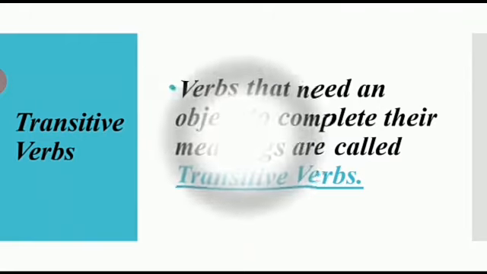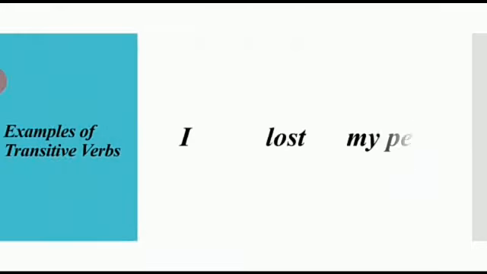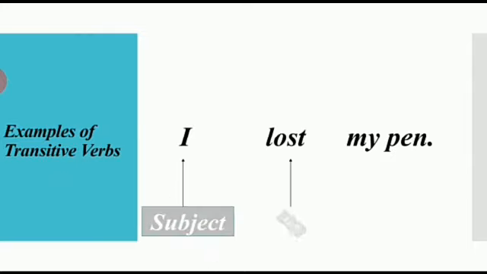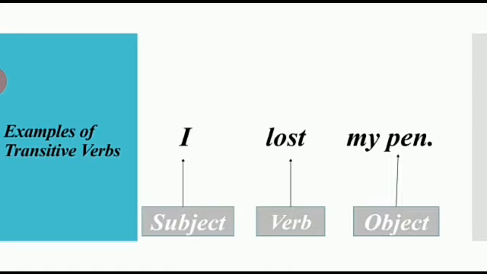For an example, I lost my pen. So here I is the subject, lost is the verb, and my pen is the object. We require an object to complete the sentence.